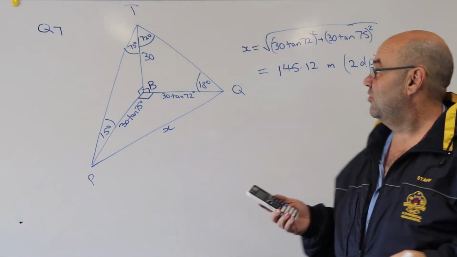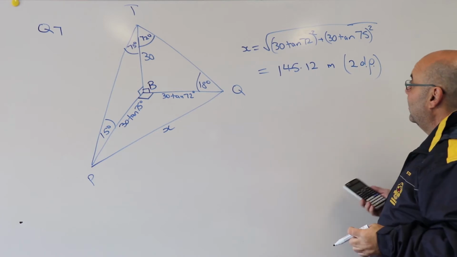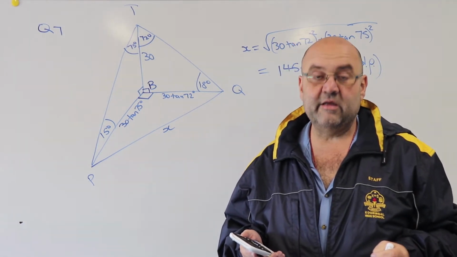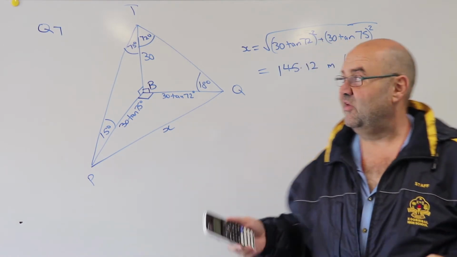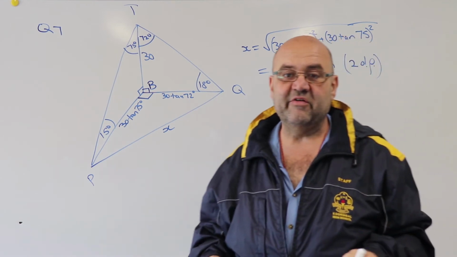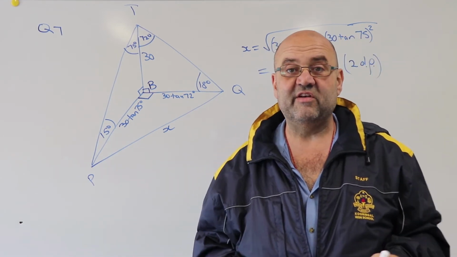So the two landmarks P and Q are 145 metres apart. Sorry, the question actually asked for the nearest metre, so we give that as 145 metres to the nearest metre. And that's question 7 done.